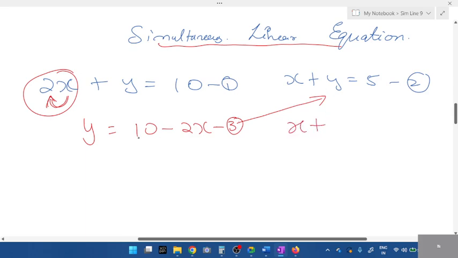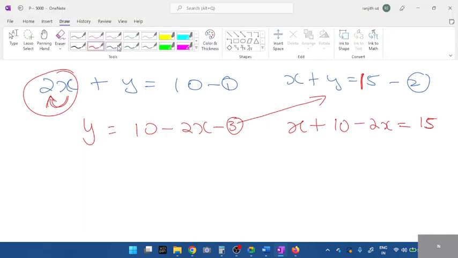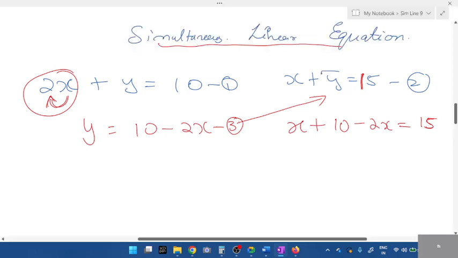In place of y, what should I substitute? 10 minus 2x. I'll take this as 15. 10 minus 2x is equal to what? This remains as it is, right? Can you see what I substituted in place of y? Other things remain the same. Okay.